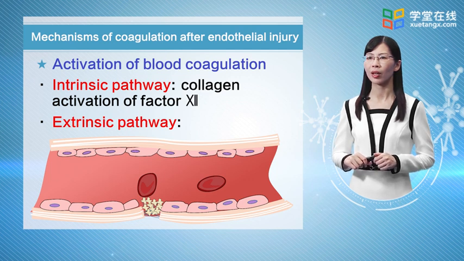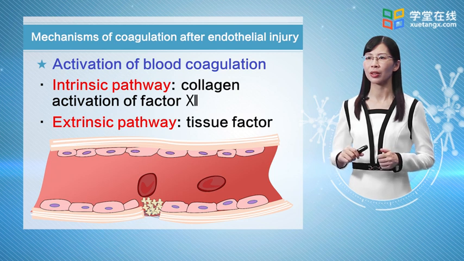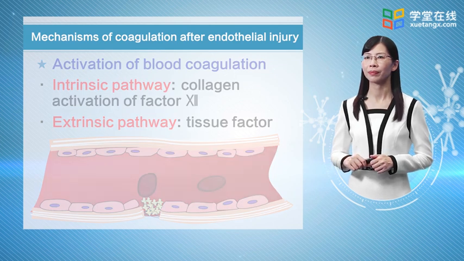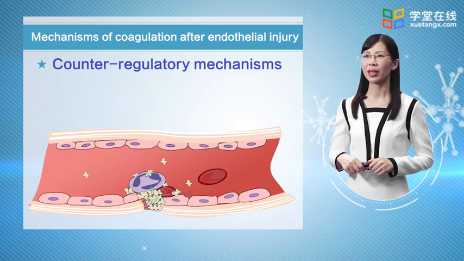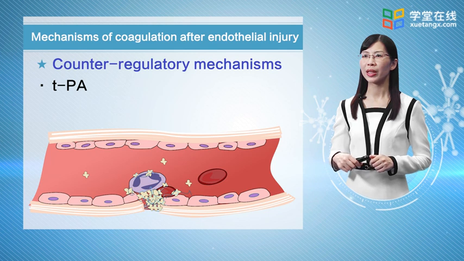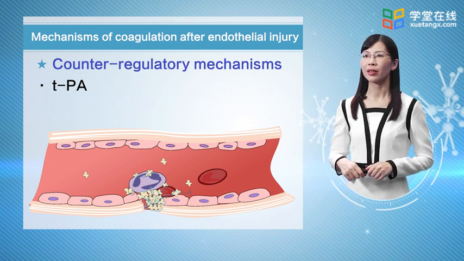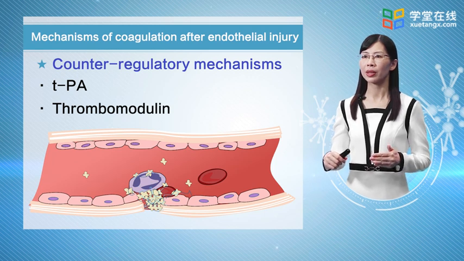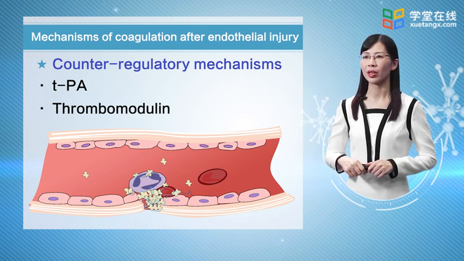The extrinsic coagulation pathway is initiated by tissue factor. Fibrin polymerization cements the platelets into a definitive secondary hemostatic plug. Counter-regulatory mechanisms such as the release of TPA and thrombomodulin limit the hemostatic process only to the site of injury.